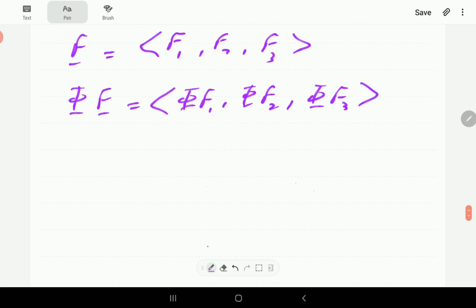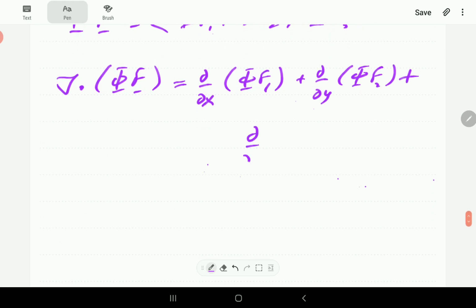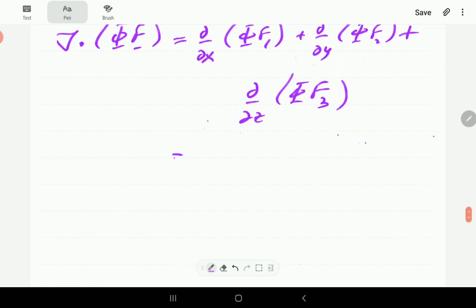Then the divergence of this is just going to be the x derivative of the x component plus the y derivative of the y component plus the z derivative of the z component. And then using the product rule, for this one we're going to get two terms.